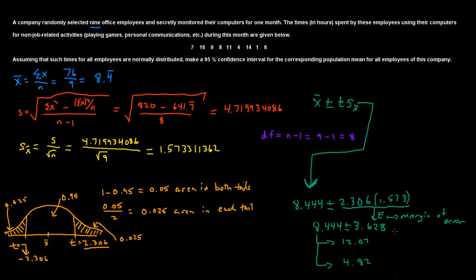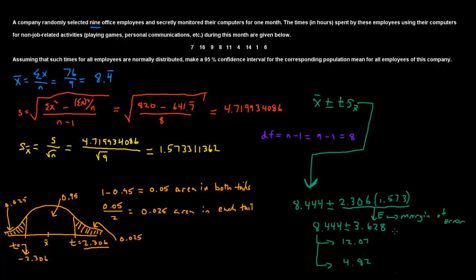So we used that sample mean of 8.4 to estimate the population mean for everybody in the company. But we know that unless we get very lucky, the true population mean is not going to be 8.4. It'll probably be close, but it won't be exactly.